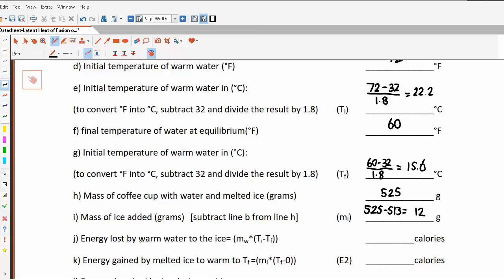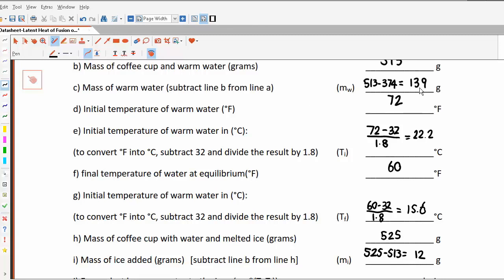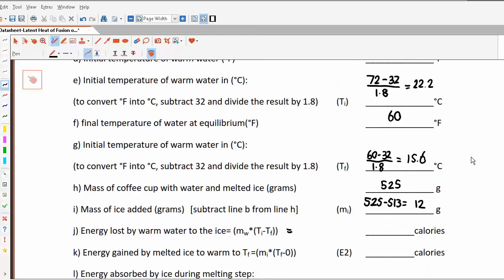Now let's calculate the energy lost by the warm water to the ice. That is equal to the mass of the water, which we calculated up here in step C, which was 139 grams, and we want to multiply that by the temperature difference in centigrade.